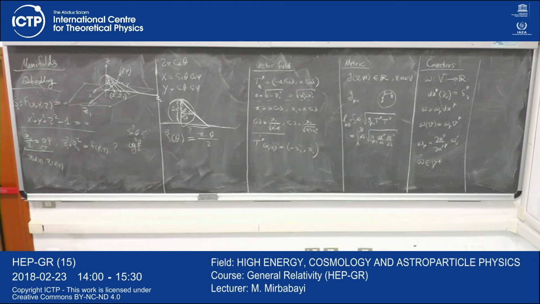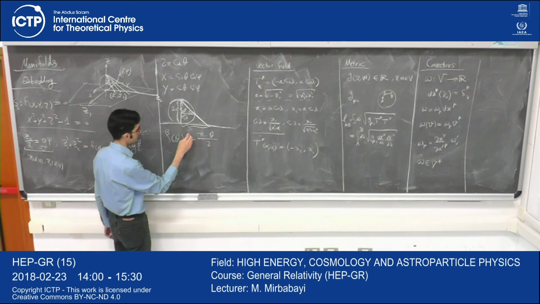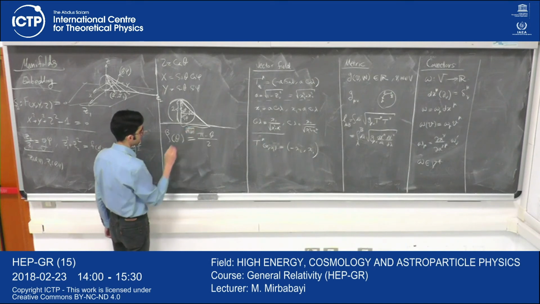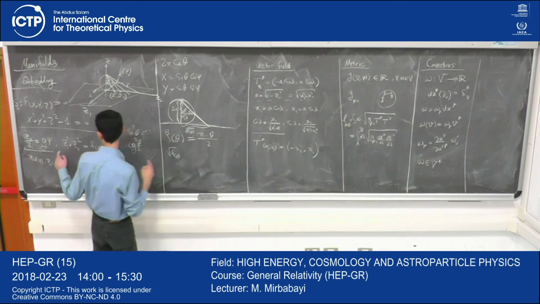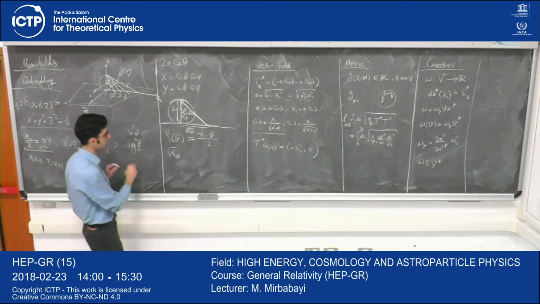Tangent. Yes, so 2 divided by tangent is exactly the square root of f of theta. Remember, f of theta is just this length, or r.